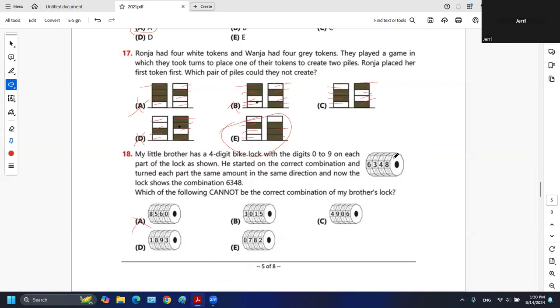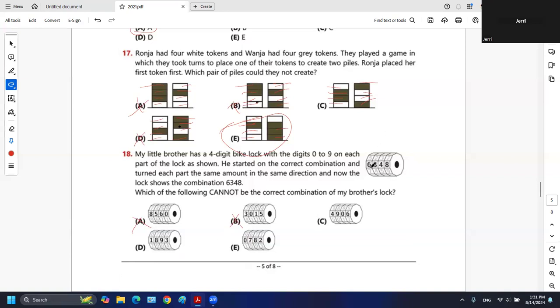B. 6 5 4 3. 3 2 1. 4 3 2. 1. 8 5 4. 8 7 6 5. Not the answer. C. 6 5 4 3 2. No. C could be the answer.